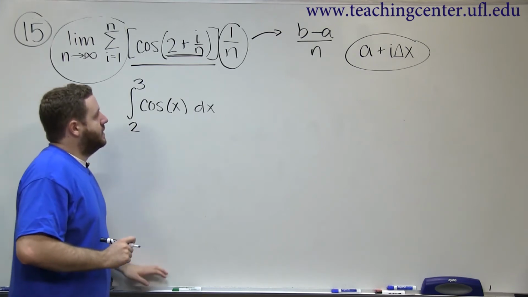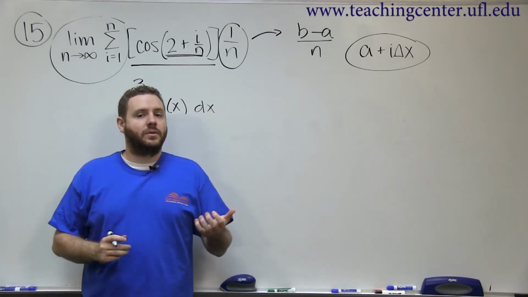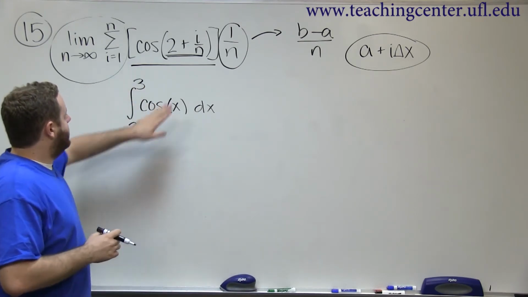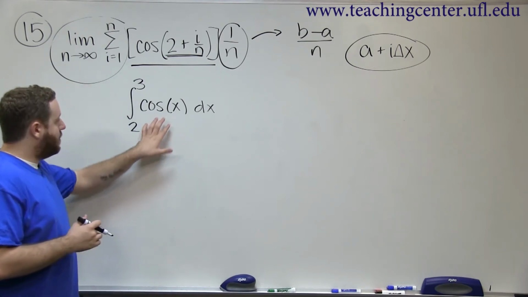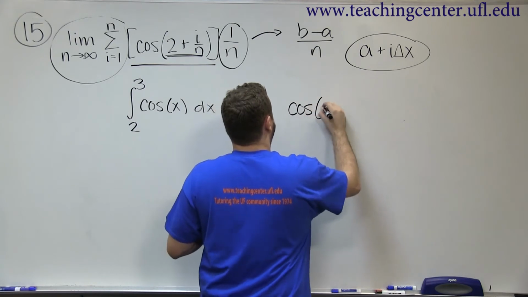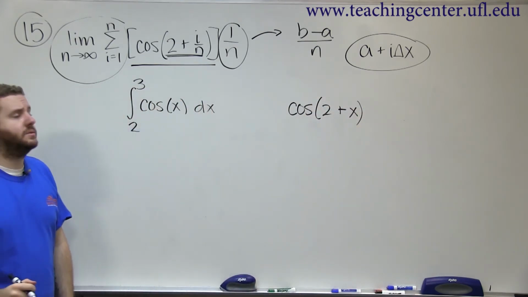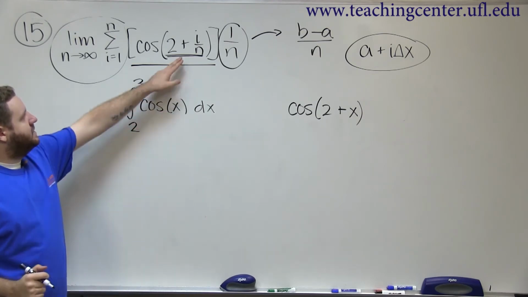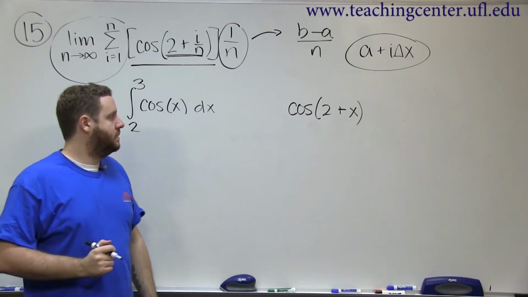The other option, well, actually, there's an infinite number of options, but the easiest other option to see is, let's say that this 2 was not a. That was part of my function. Like my function was cosine of 2 plus x. That's entirely possible. In that case, I could assume that my a is 0 because there's nothing else added to the i over n.